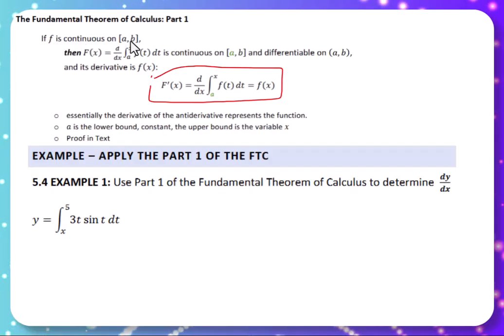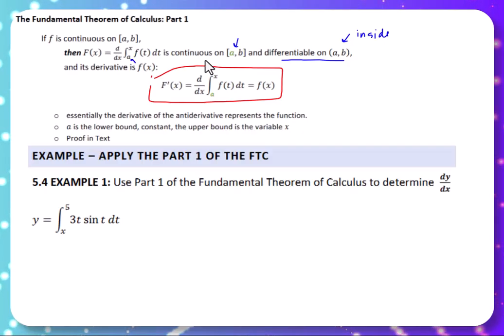So if the function is continuous on [a, b], a closed interval with finite endpoints, then capital F, the antiderivative, equals the integral from some constant a to the upper bound x of f of t dt, is continuous from that lower bound a to some b, and is differentiable on the open interval inside the interval, and its derivative is f of x.